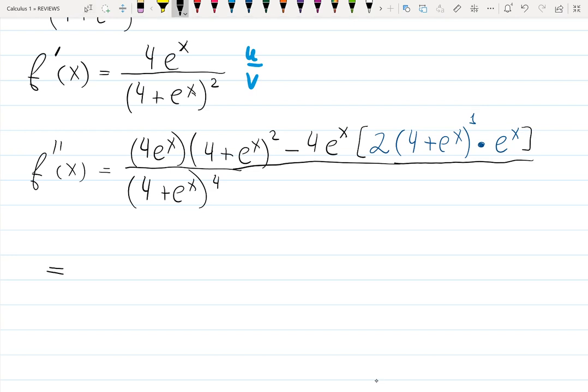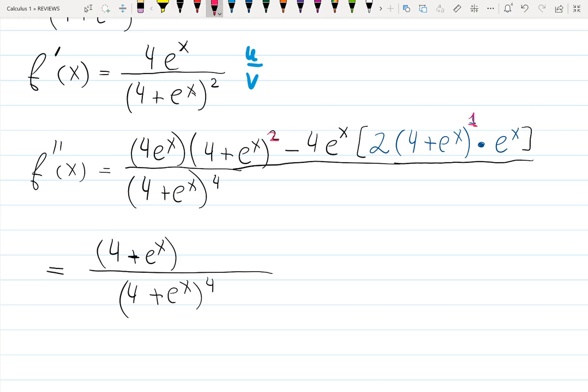To simplify this, I will factor out 4 plus e to the x at the top, and then cancel it out with 4 plus e to the x at the bottom. I will factor out 4 plus e to the x with the lowest exponent. The lowest exponent I see is not 2, but it is 1. So I will factor out this.